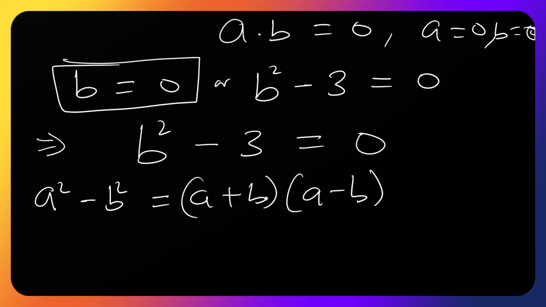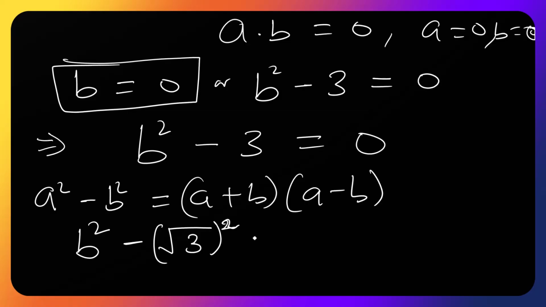Of course, we can go by that because we can adjust this. I can rewrite this as b squared minus, instead of 3, the square root of 3 squared. Now, the square root of 3 squared is the same as 3, so I have done nothing here.